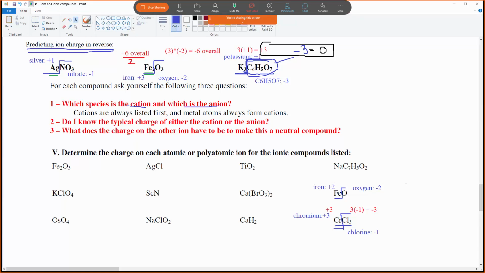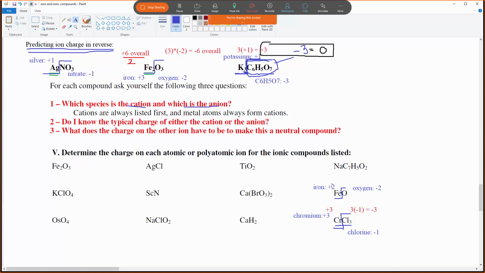Is that weird? Yes, it's weird. Over here, iron was +3. And now you're telling me it's +2? Which one is it? They're both bonded to oxygen. What's happening here? The answer is iron is being iron.